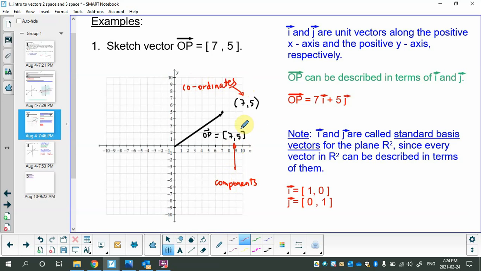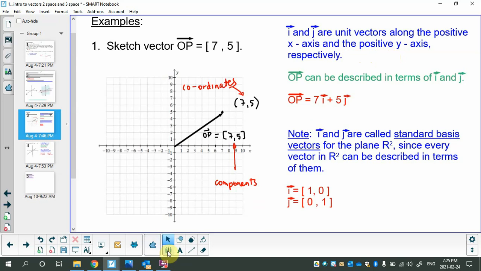Now, another way to say this, believe it or not, is this. That is a little i and a little j, and it's 7 vector i's plus 5 vector j's. That's what that says, with the vector symbols over top. And i and j in every vector course ever are unit vectors, so they're 1 unit in length along the positive x-axis and along the positive y-axis.